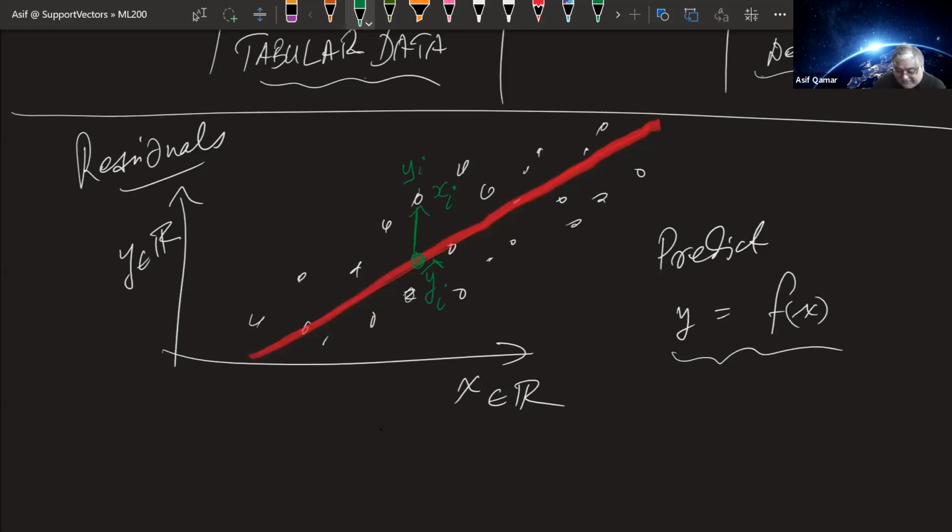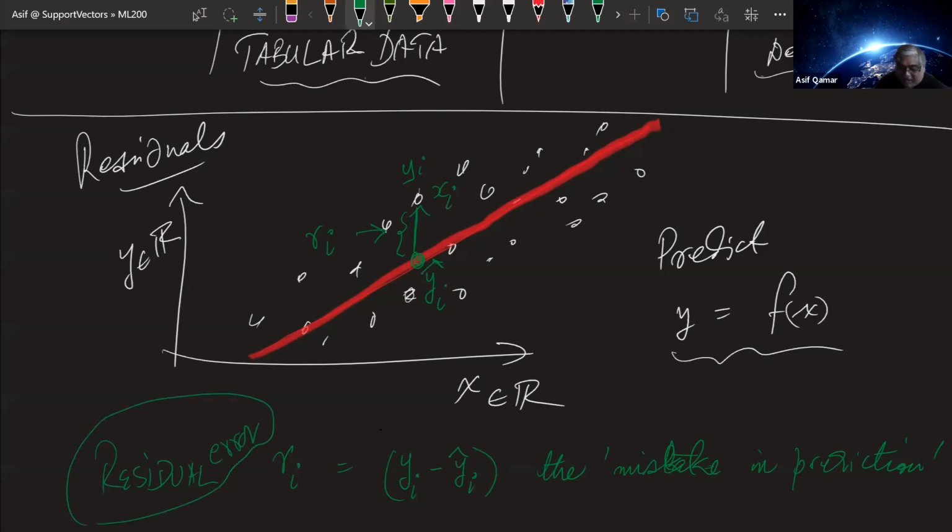So the residual is the gap between the actual and the prediction, Yi minus Yi hat. This is the mistake in prediction, and this is the residual. The residual stands for residual error. After you have made a best fit model to the line, you have the residual error.